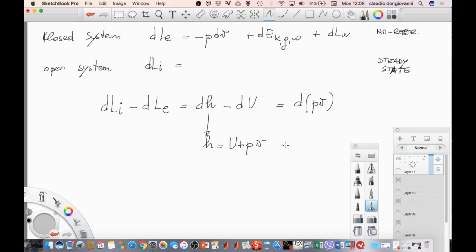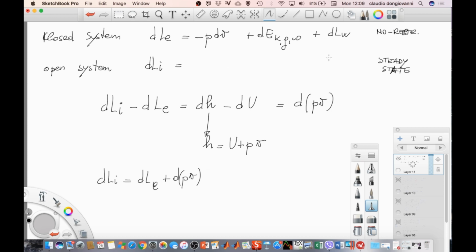In other words, you can write that Li is equal to Le plus d(PV). So the only thing we have to do is to use the formula that we obtained before for Le, make this substitution, and obtain the final relationship.